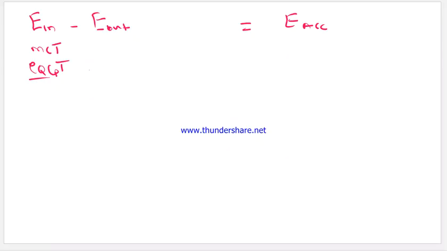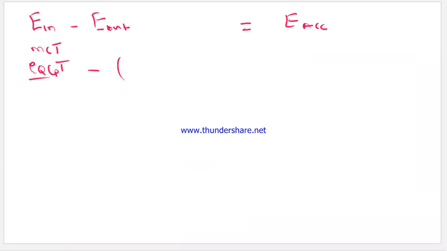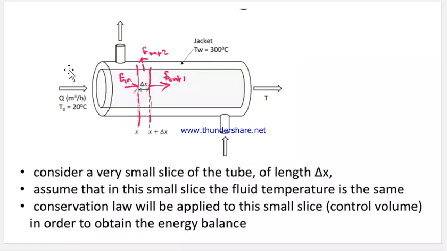So what is now energy out? There are two components of energy out. There is one that is going out through the tube directly, and there is another one that is going through the jacket. So we need to balance for the two. The one going out here is equal to the one that comes in from here plus what changes in that one that comes in.